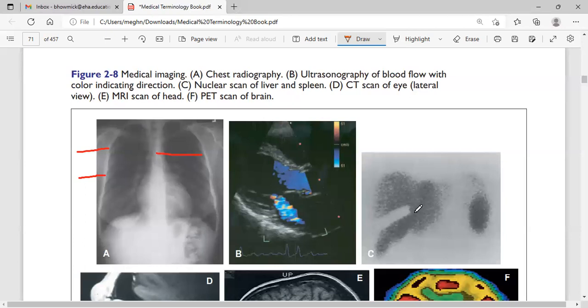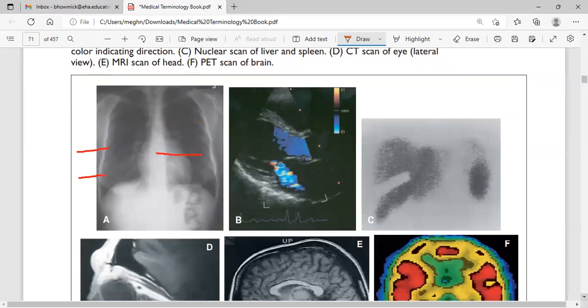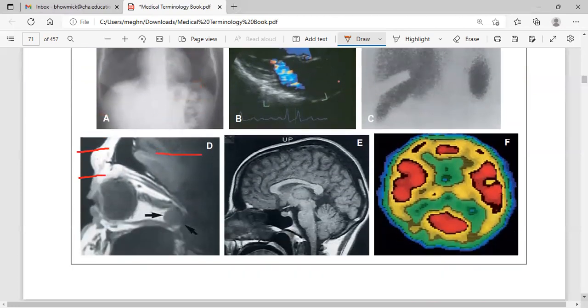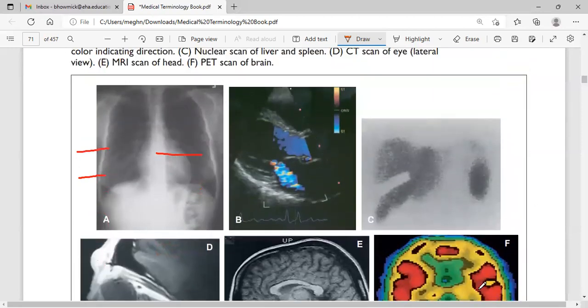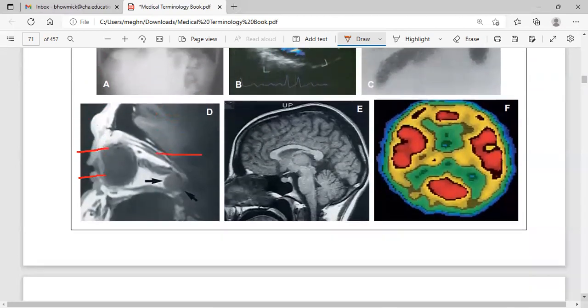And number C, this is a nuclear scan of the liver and spleen. So this is the liver tissue and this is the spleen, but this is the nuclear scan. And number D is a CAT scan of the eye, right? And number E is an MRI scan of the head and PET scan of the brain. So this one is an MRI of the brain, and this one is called a PET scan of the brain, and this is also MRI.